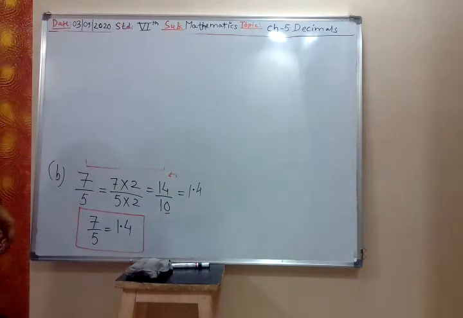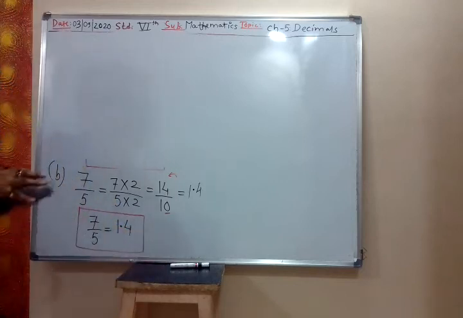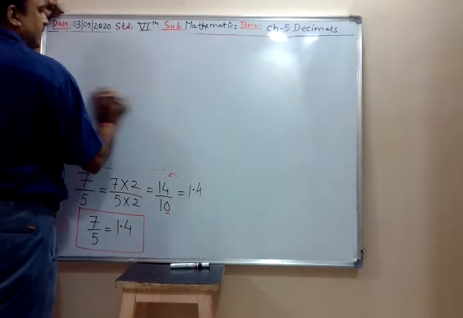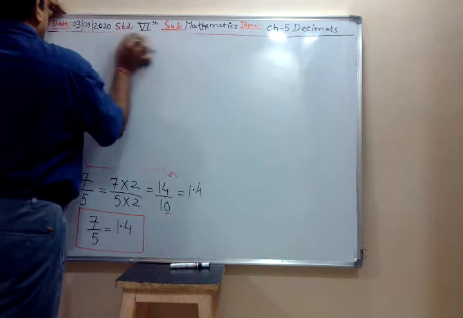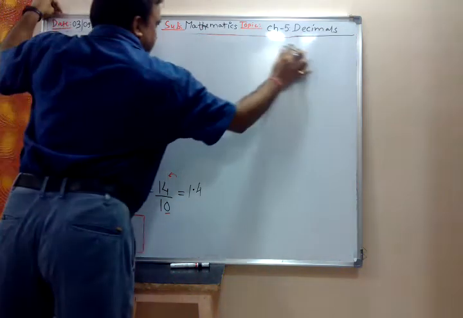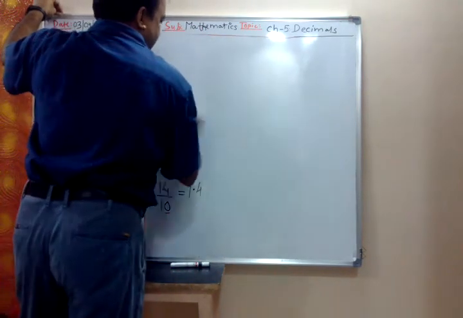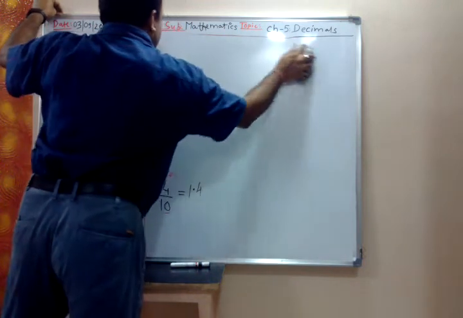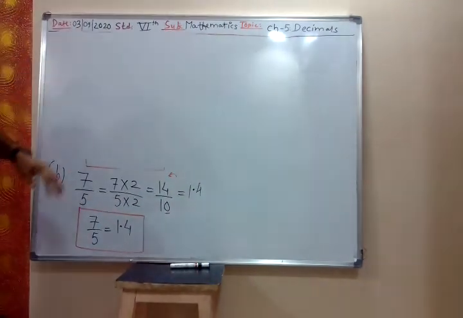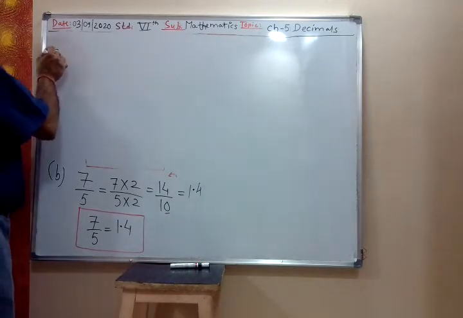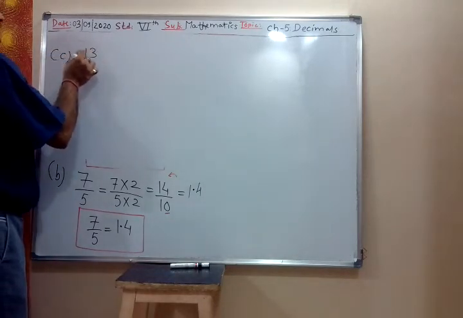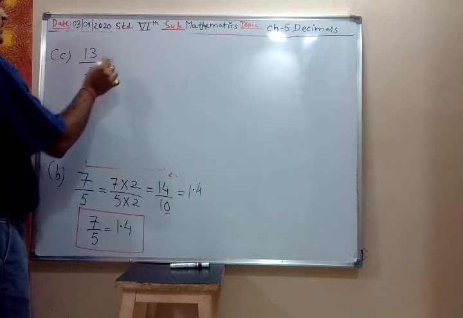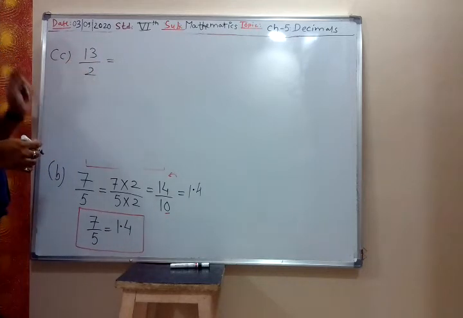Then you can convert them into decimals. Let us do that C part. C is 13 by 2. Without division, we don't have to divide 13 by 2.